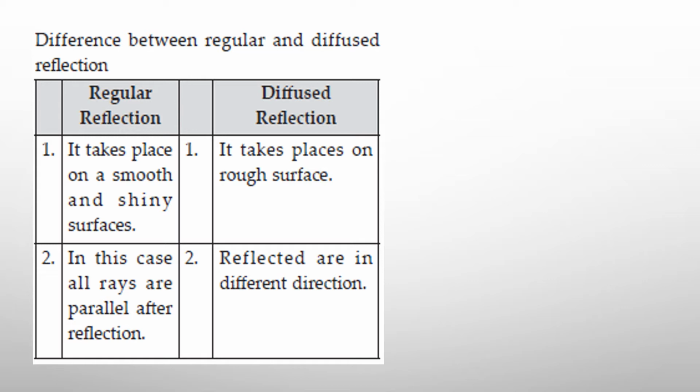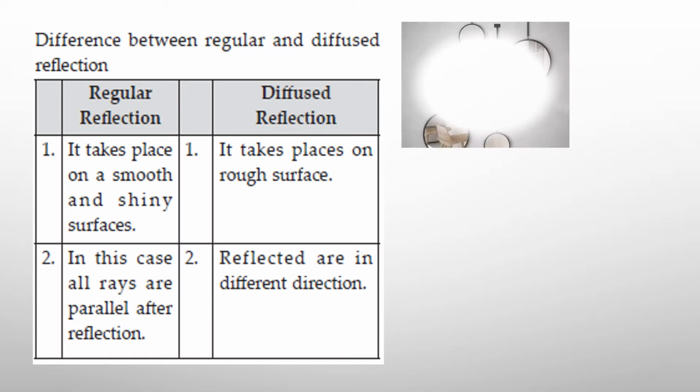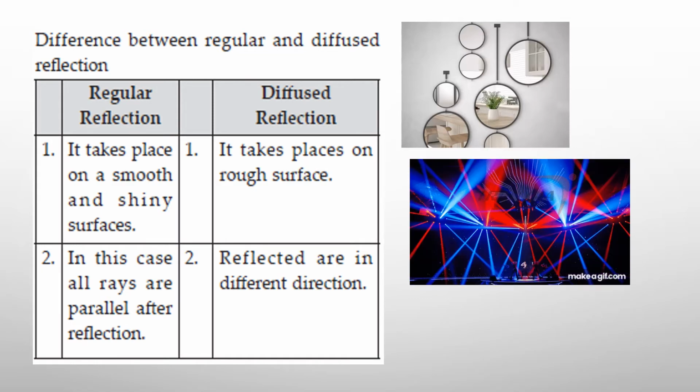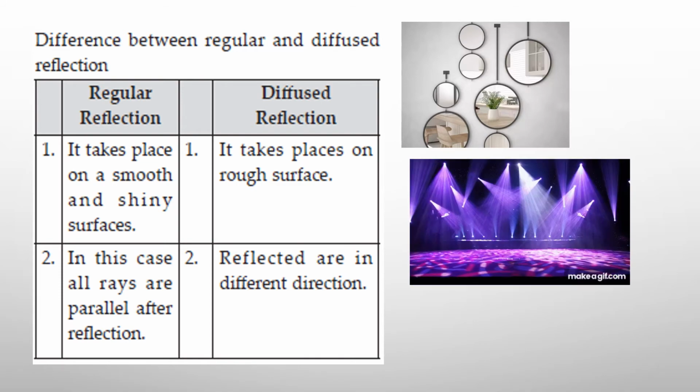Now let's see what day-to-day activities use the phenomenon of reflection. We all use plane mirrors to observe our appearance. We are able to observe ourselves through plane mirrors because of this phenomenon of reflection. You may also have seen vivid light patterns that are used to add colors to the stages of shows.